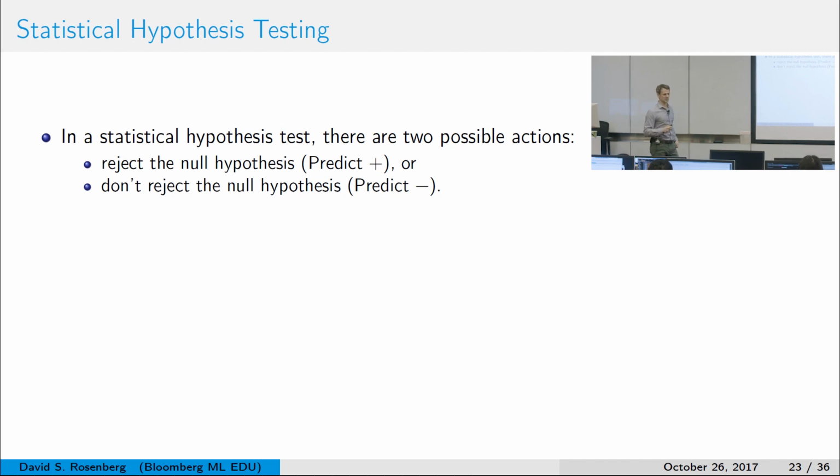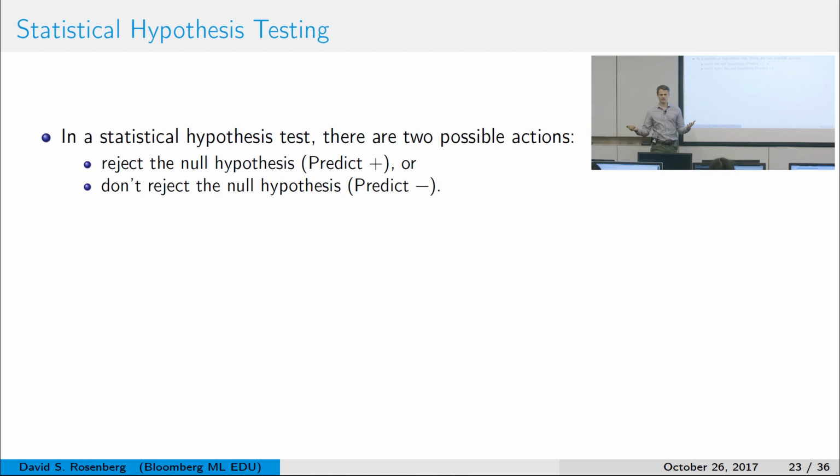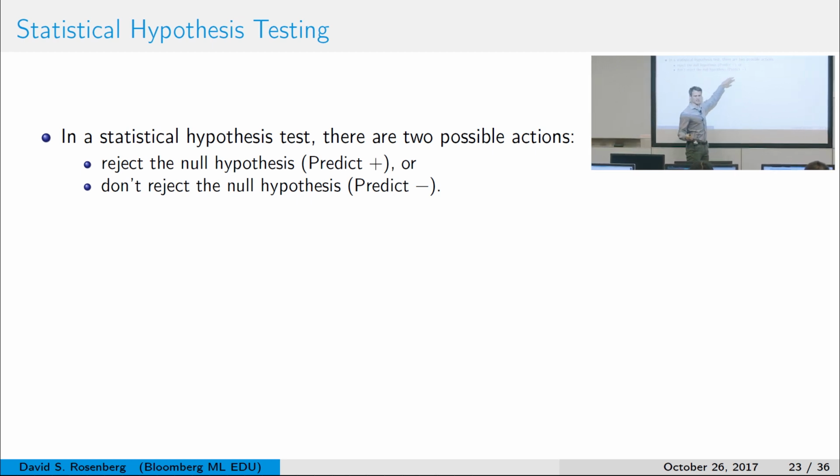Statistical hypothesis testing you can put in this framework as well. There's one decision to make in a hypothesis test: do you reject the null hypothesis, or do you not reject the null hypothesis? So you want to reject the null hypothesis. That's like predicting a positive. That's the unusual event, and negative would be don't reject.